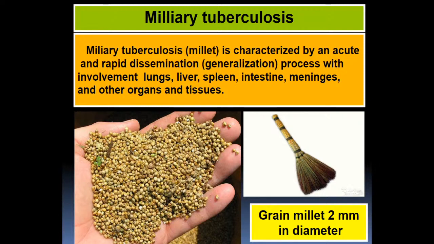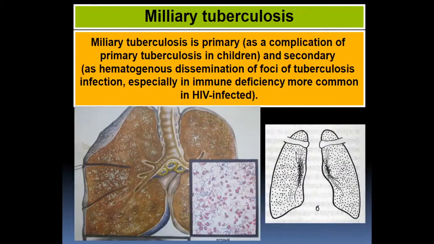It is a generalized process with involvement of the lungs, liver, spleen, intestine, meninges, and other organs and tissues. Lesions look like millet grain, therefore this form is named miliary TB.